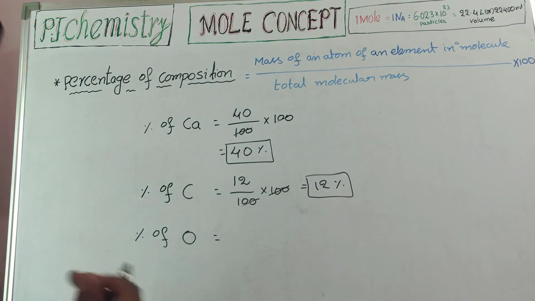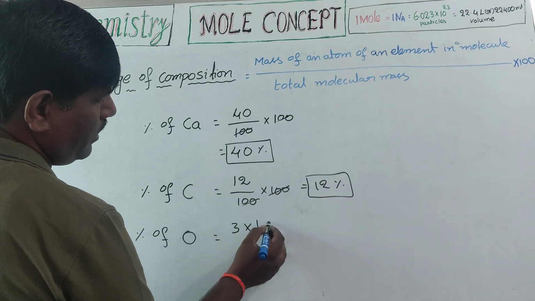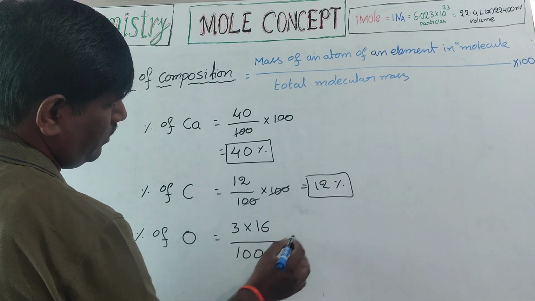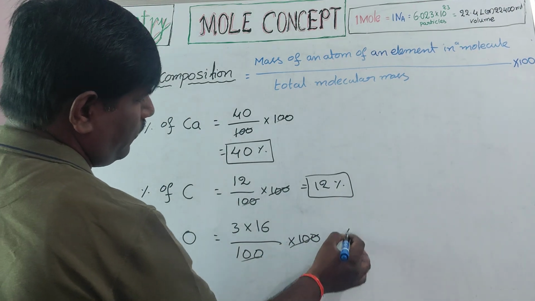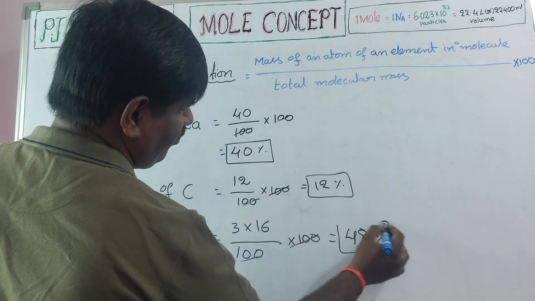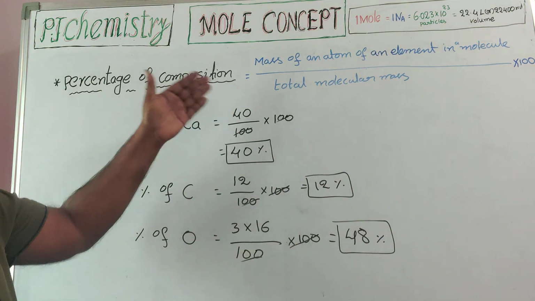CaCO3, in that oxygens are 3. So 3 into oxygen atomic mass 16 by total molecular mass 100 into 100, cancel. 48 percentage. Okay, like this.